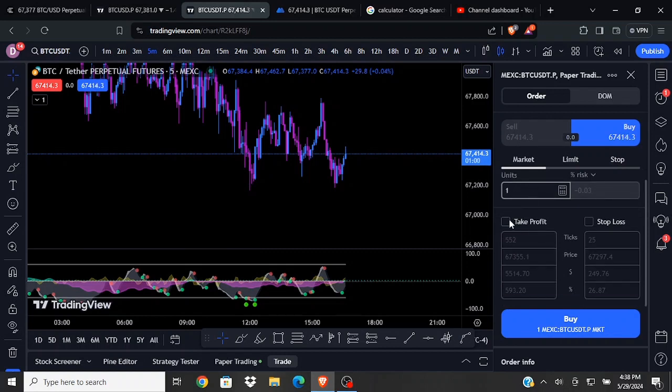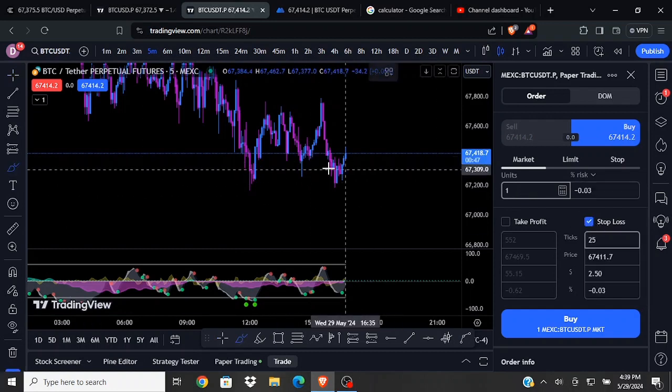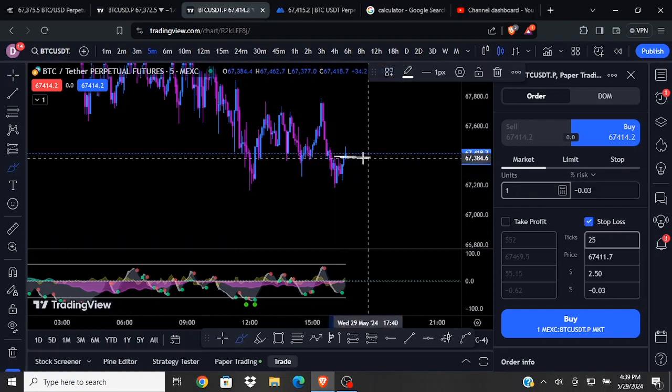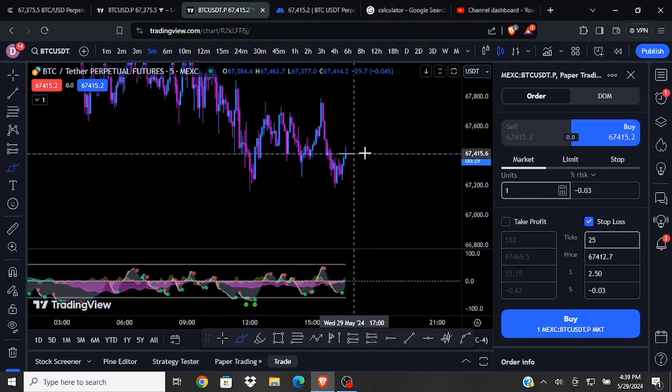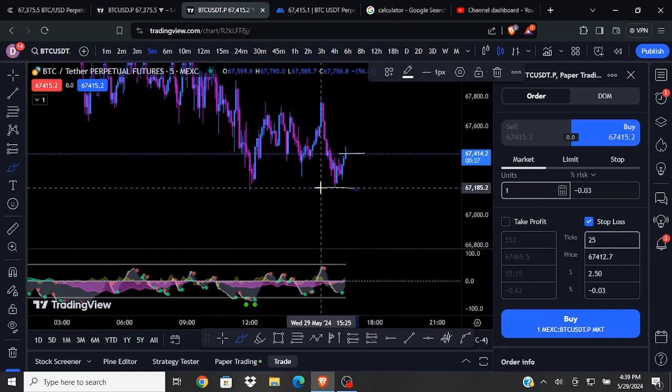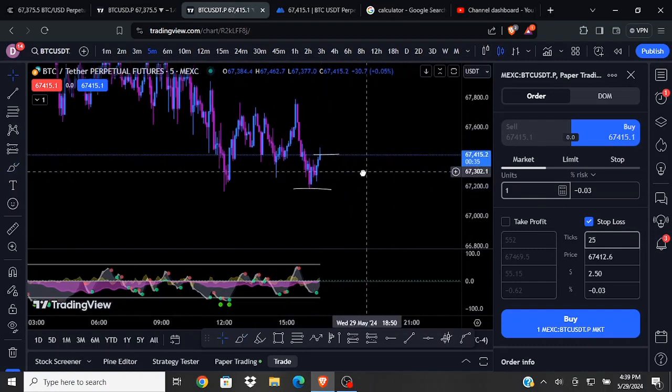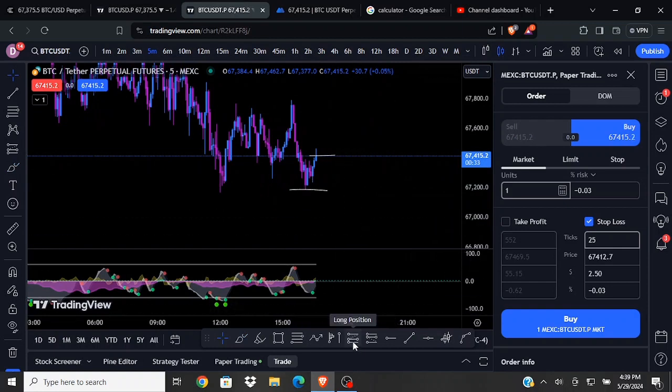And below this, you have options to preset take profit or stop losses. I think stop losses are very important. I usually will just enter my trade and then I'll set my stop loss after. I usually don't have a stop loss so close to price that I have to have it preset before I even open the position. I usually will open the position and then place my stop loss after. But that doesn't mean I don't calculate my position ahead of time and calculate my stop loss.